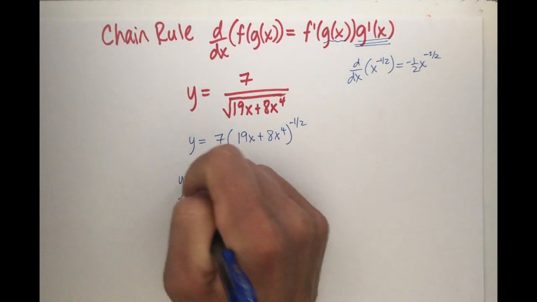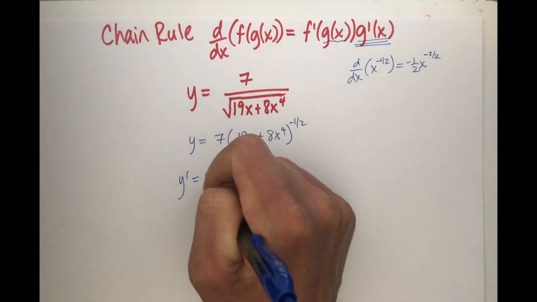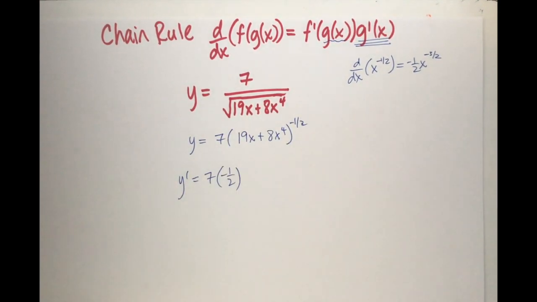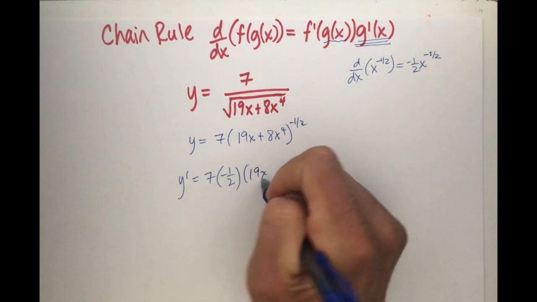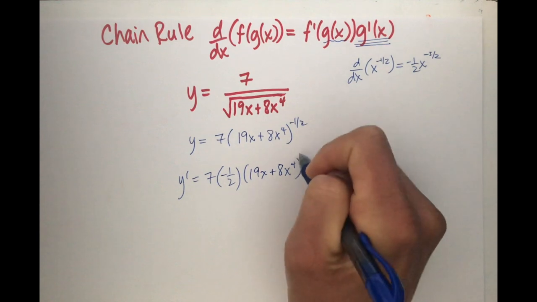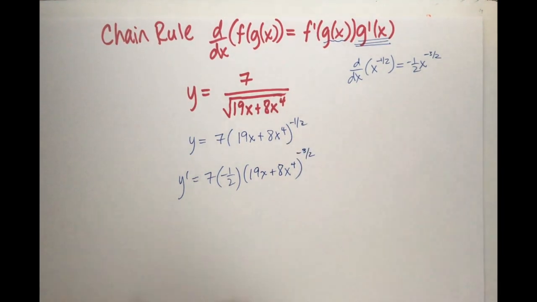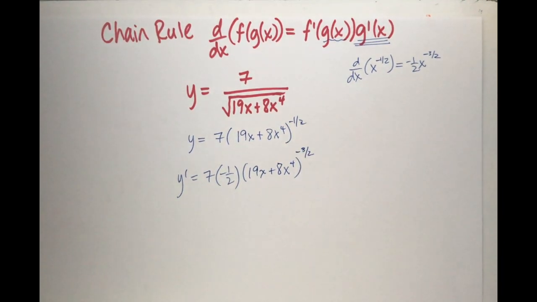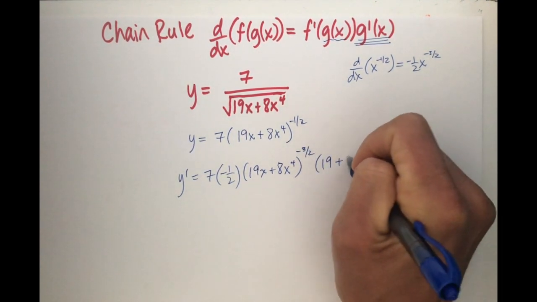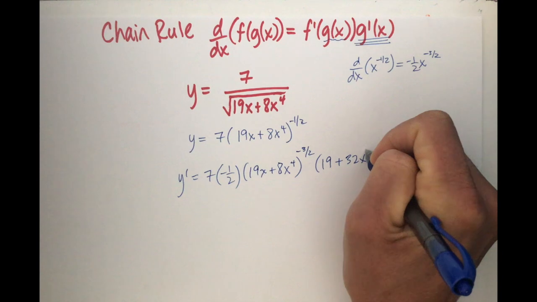So here we go, calculorians. 7 times a negative 1/2, because I brought the power rule, the negative 1/2 came down. Inside function stays as is, 19x plus 8x to the 4th to the negative 3/2 power times the derivative of the inside function. 19 plus 32x cubed.